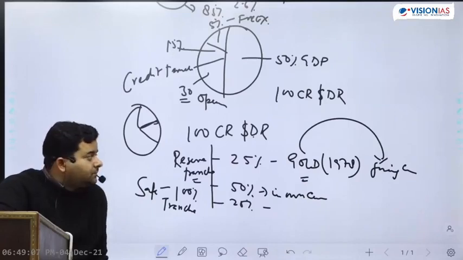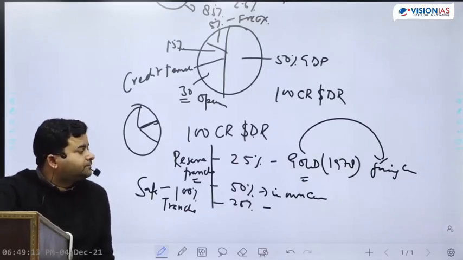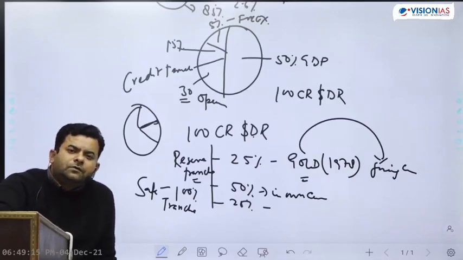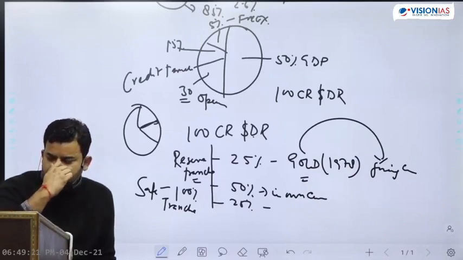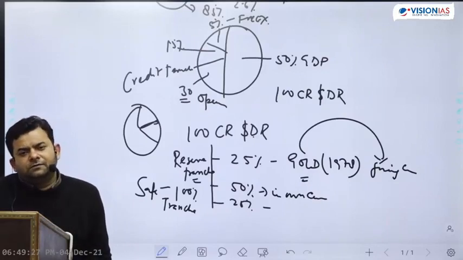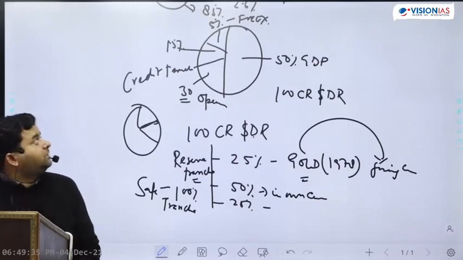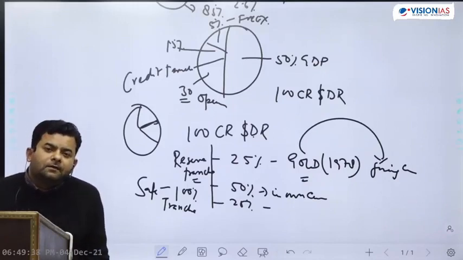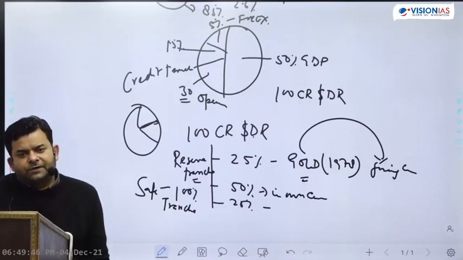First, GDP with 50% weightage, openness with 30% weightage, economic viability with 15% weightage, and forex with 5% weightage.